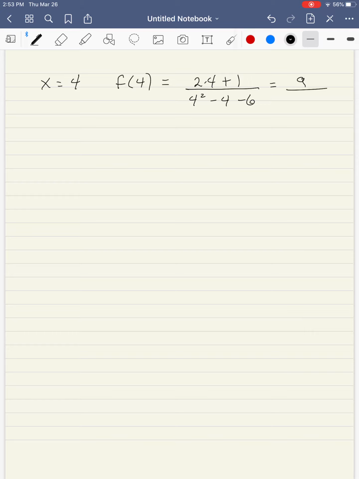Let's see, 16 minus 4 is 12, minus 6. Let's do that again. 16, or you can use your calculator, but anyway, 16 minus 4 is 12, minus 6 is 6, which is 3/2. So that means we have the ordered pair 4, 3/2 on our graph.